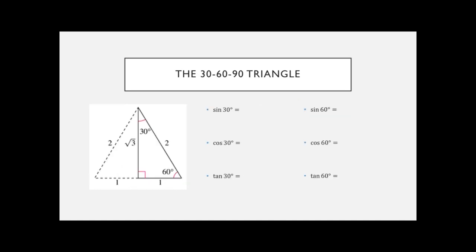Now the next one that we have is the 30, 60, 90 triangle. And so again, we've got our 2 sides. This actually might be a true isosceles triangle, I think. No, it's equilateral because the large one that I have here is equilateral. You can see if I fill it in.